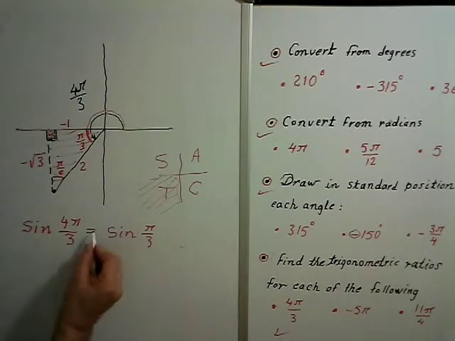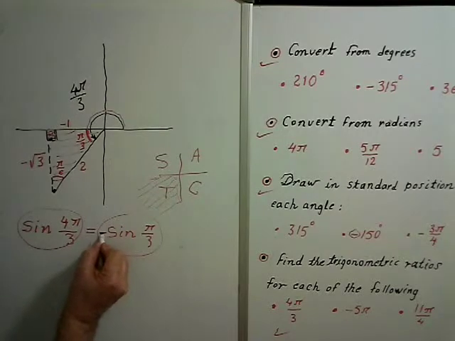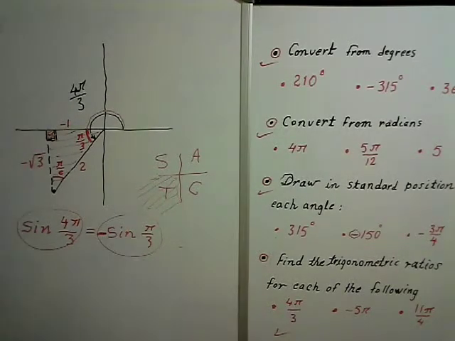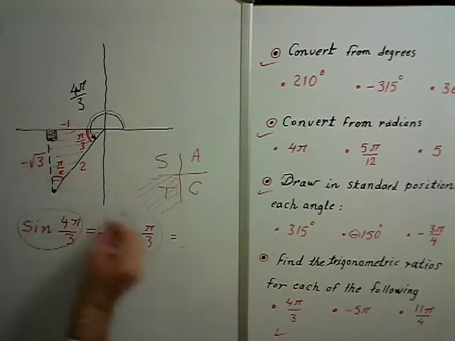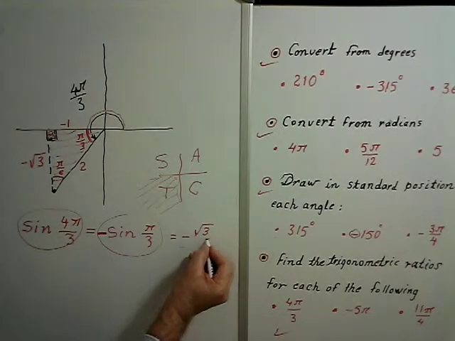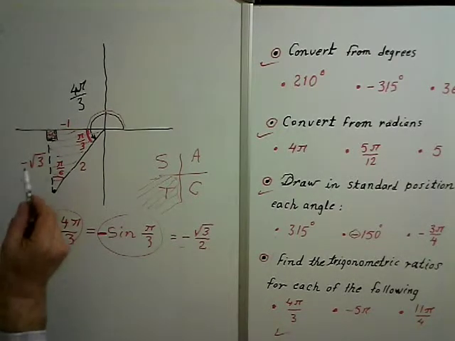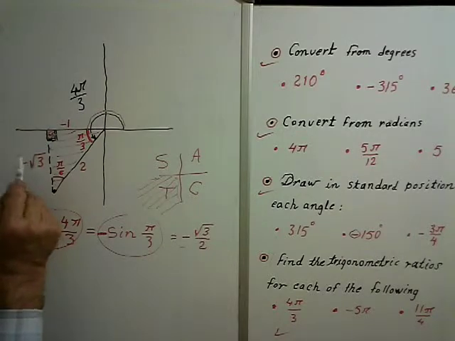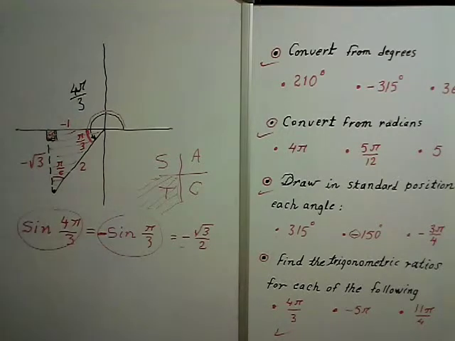So here we said the sine of this angle is the same as sine of pi over 3, but the ratio will be negative because it is in the third quadrant, which means negative square root of 3 divided by 2. Opposite over hypotenuse. This is the angle here, this is the opposite, this is the hypotenuse.